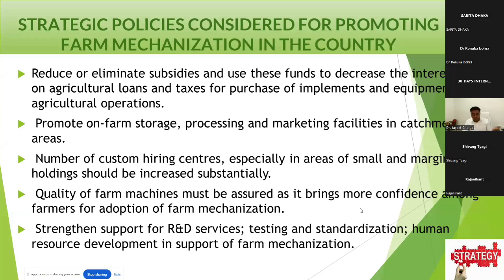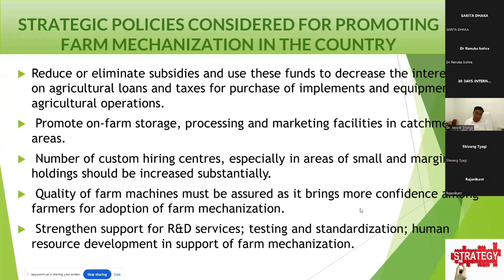If we look in more detail at the strategic policies for mechanization growth, we should reduce the subsidized solution, but we should provide low-interest loans for machinery purchase to small and marginal farmers. With that facility, the growth of mechanization will also be carried out.